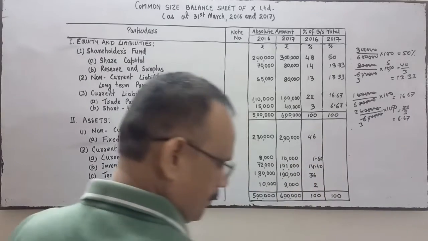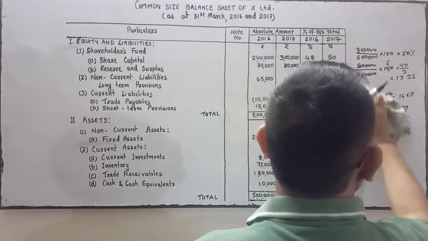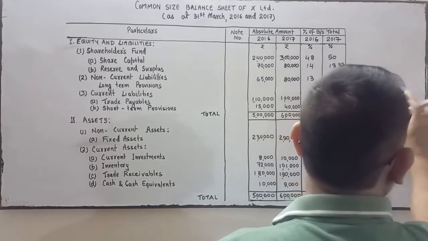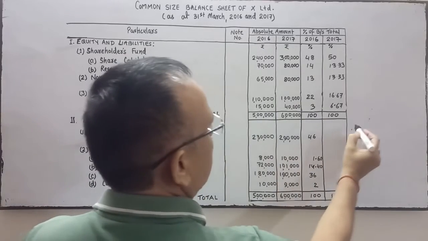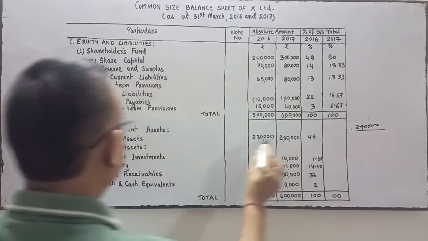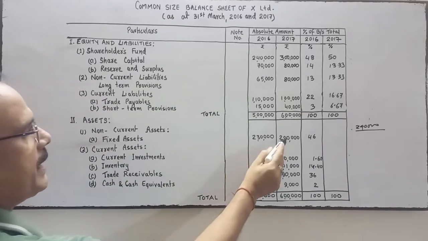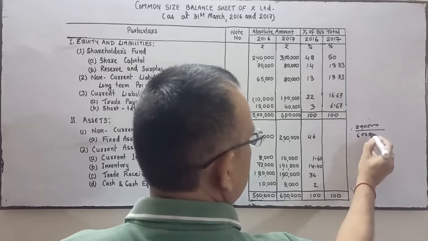Now coming to the asset side of 2017. So this is the 2,90,000. 2,90,000 is what? Fixed assets is 2,90,000 and total assets is 6 lakhs into 100.